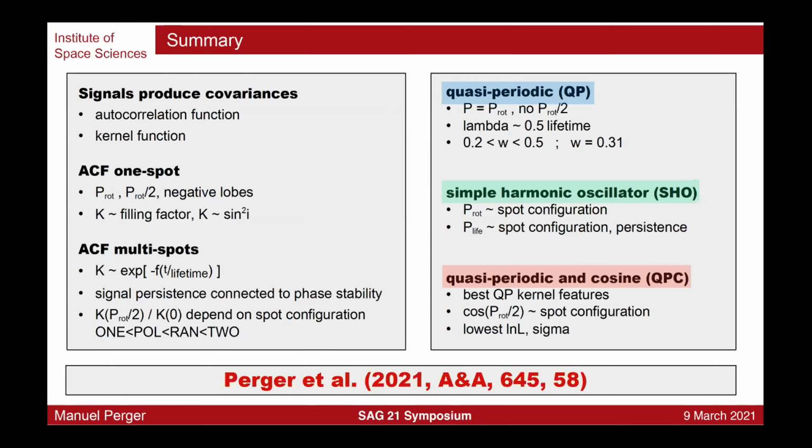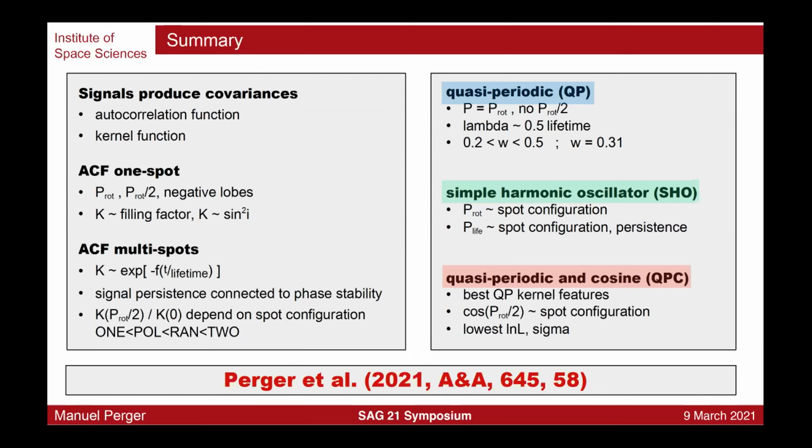If we take a look at the autocorrelation function of those multi-spot models, we can see that the time decay is correlated with the lifetime of the spots, that the signal persistence is rather connected to the phase stability. And then we have a characteristic contribution of the correlation factor at half the rotational period, depending on the stellar spot distribution model.